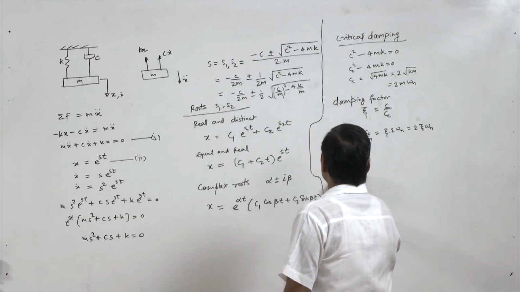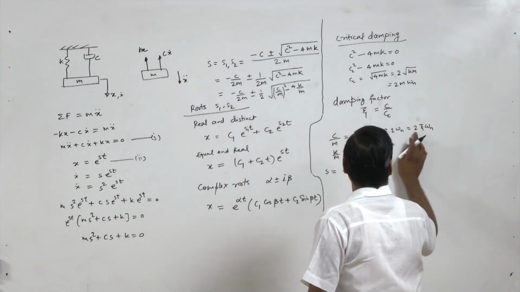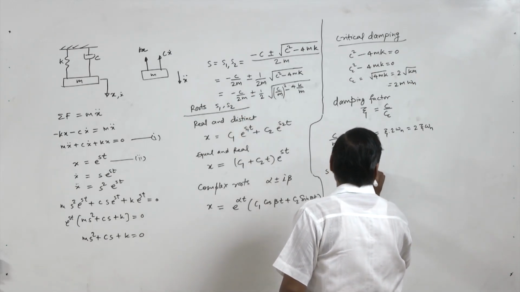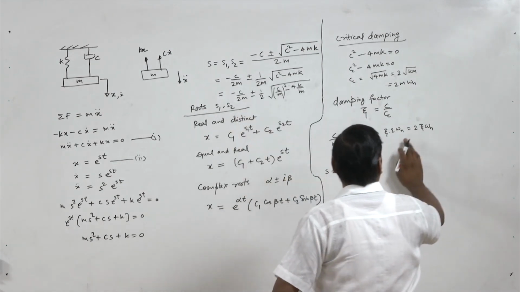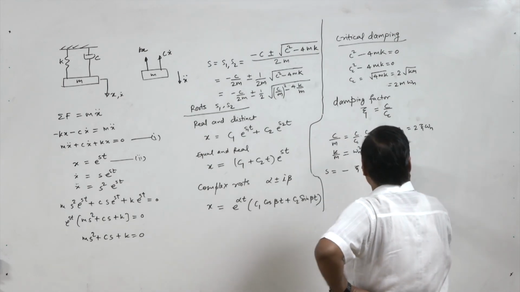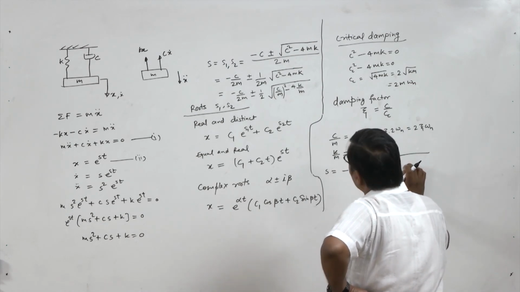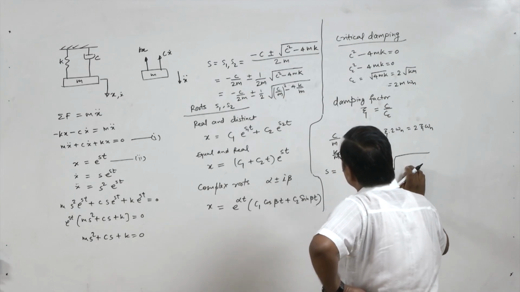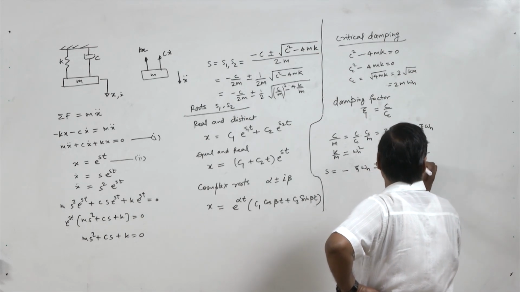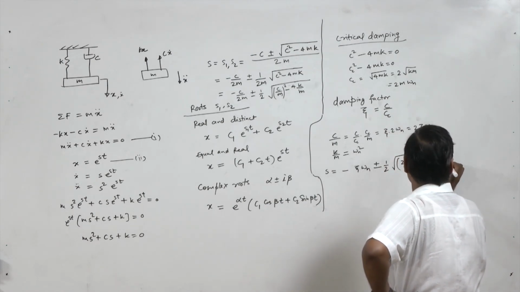So s equal to minus, so c by m is 2 zeta omega n, and it is by 2, so it is minus zeta omega n plus minus 1 by 2 under root (c by m) square. So c by m square is (2 zeta omega n) square minus 4 into omega n square.